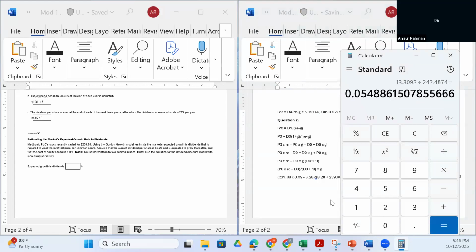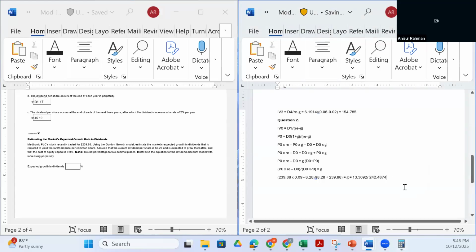So 5.5% about. Okay, now we are going to let me check one more time here.